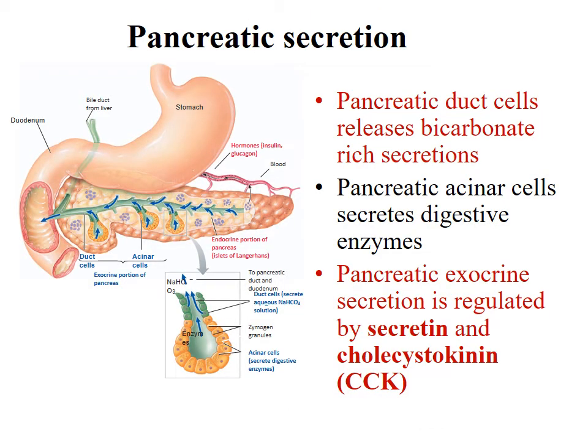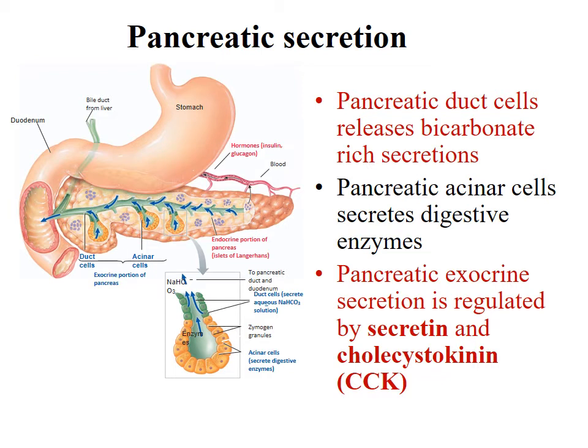Pancreatic secretion. The pancreas has an endocrine part and an exocrine part. The endocrine part, we already dealt with during the endocrinology lectures: the islets of Langerhans, which are capable of releasing the hormones insulin and glucagon.